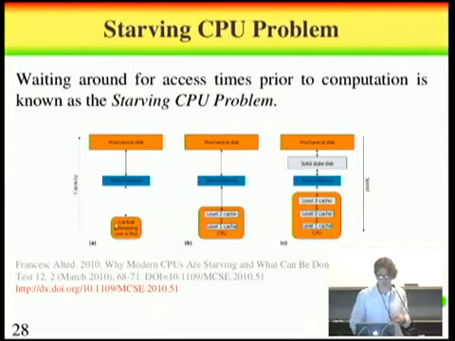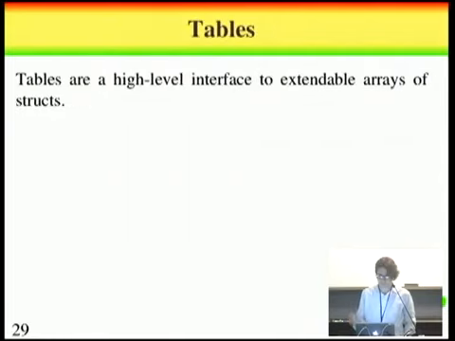You have memory and your hard disk and then your CPU. This is what we just described. Actually, I would just get rid of this mechanical disk at this point. So, the idea is that access times mean that your CPU isn't working even though it could be.